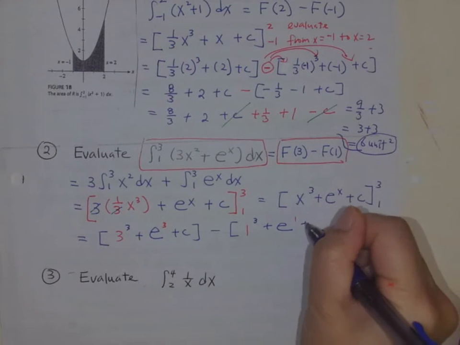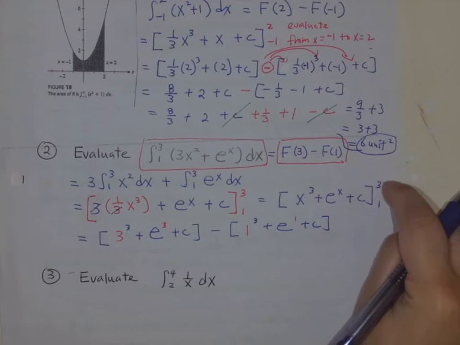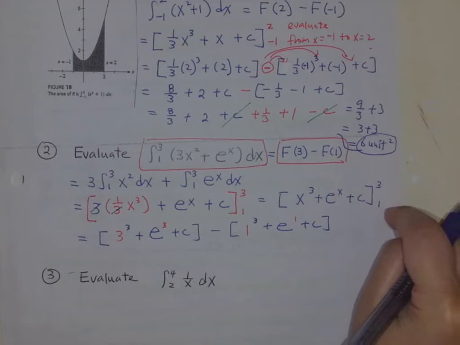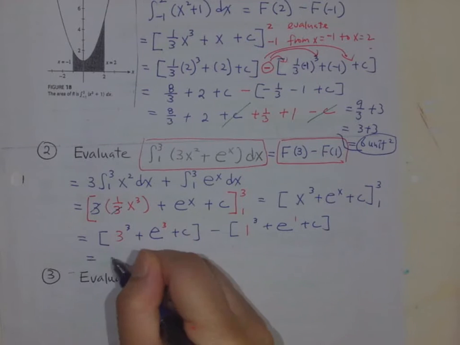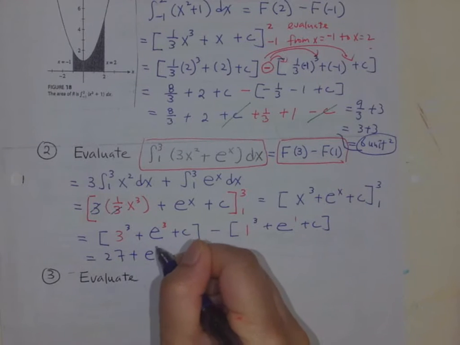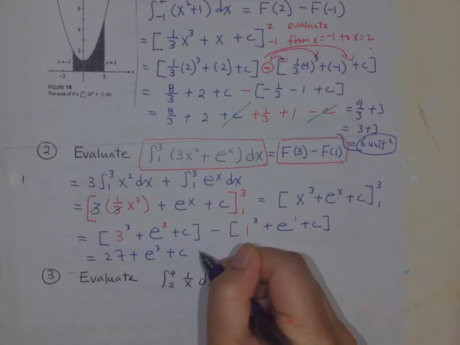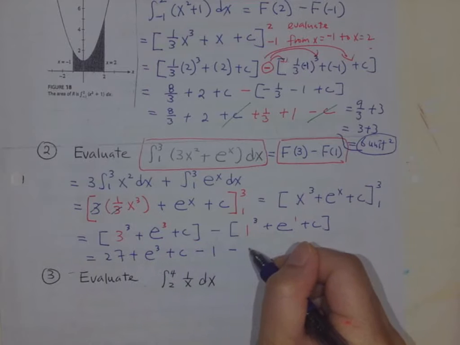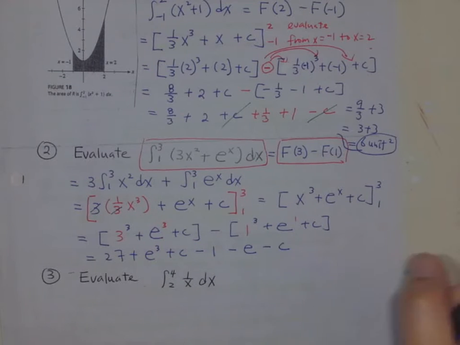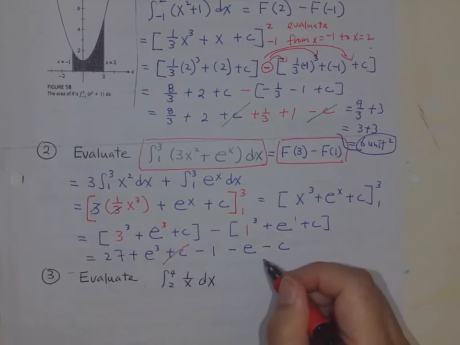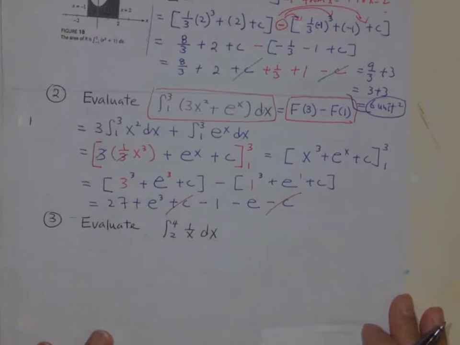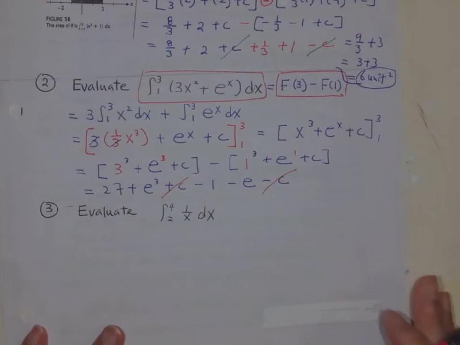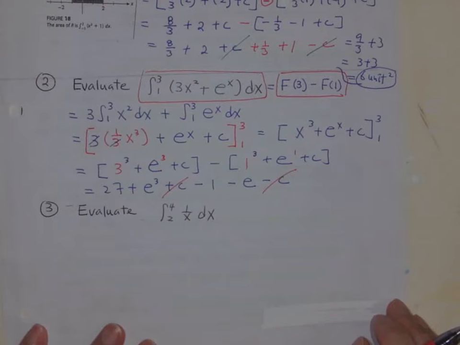So again, you need to use the upper limit, subtract the lower limit. That will give me 27 plus e to the third power plus c minus 1 minus e minus c. As you can see, the c always gets cancelled. So if you're doing a definite integral, a lot of times they don't even worry about the c.